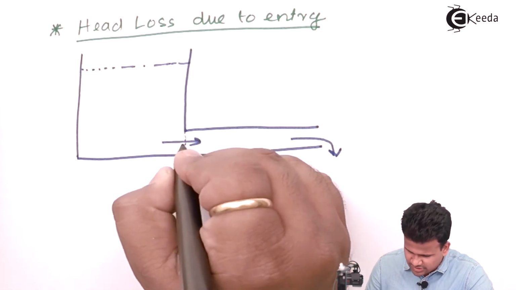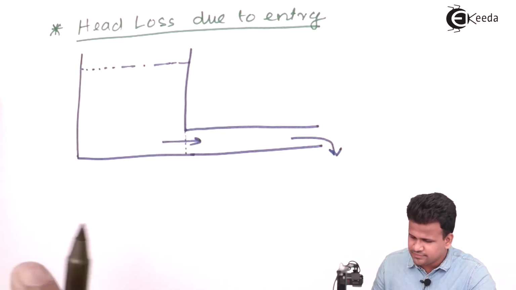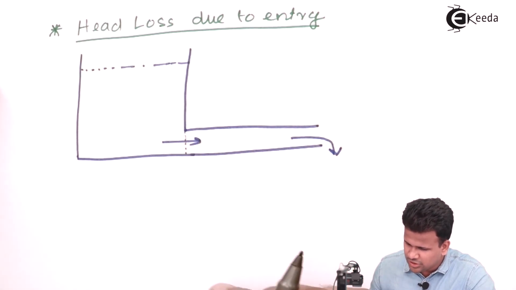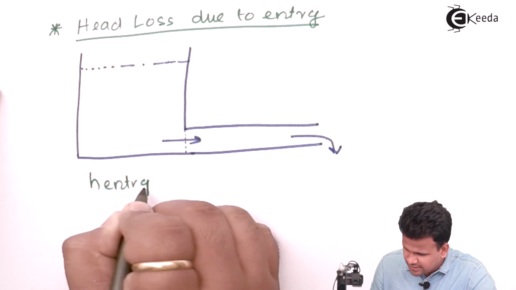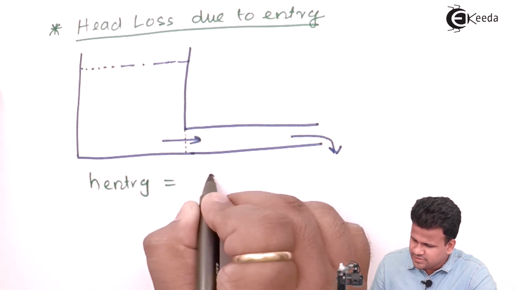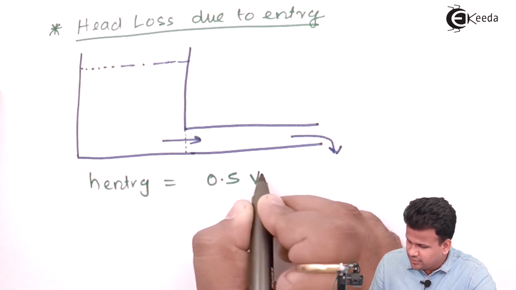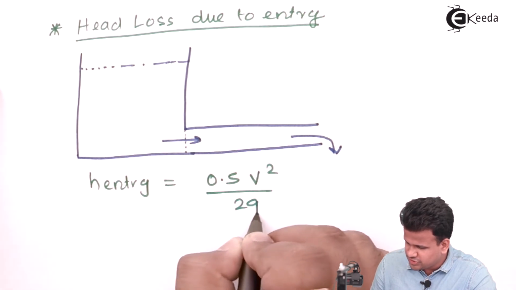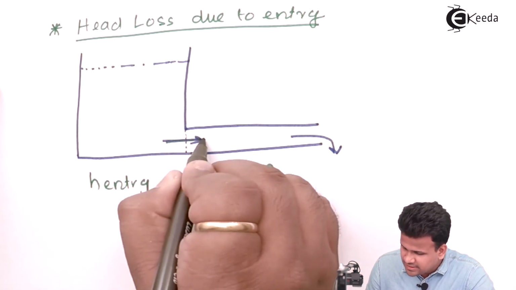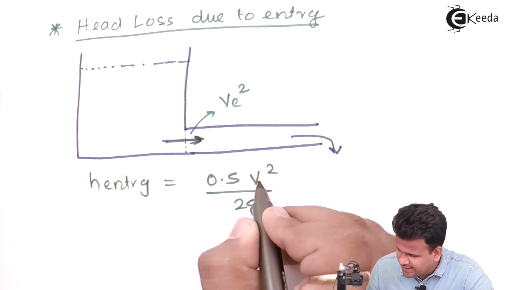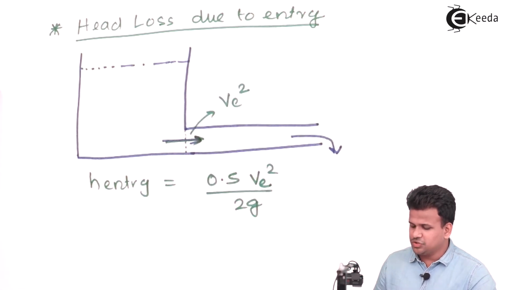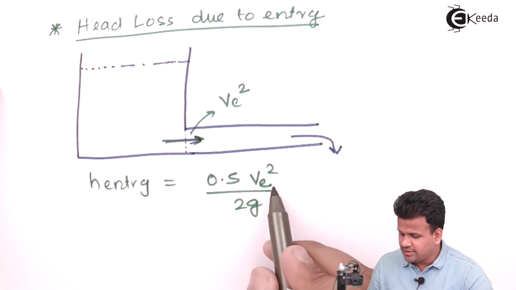During that, there is a loss called entry loss. So H entry is given by 0.5 into v square by 2g. Now, this is the entry velocity, so we'll consider this as ve square. Hence, over here also we'll have entry velocity.